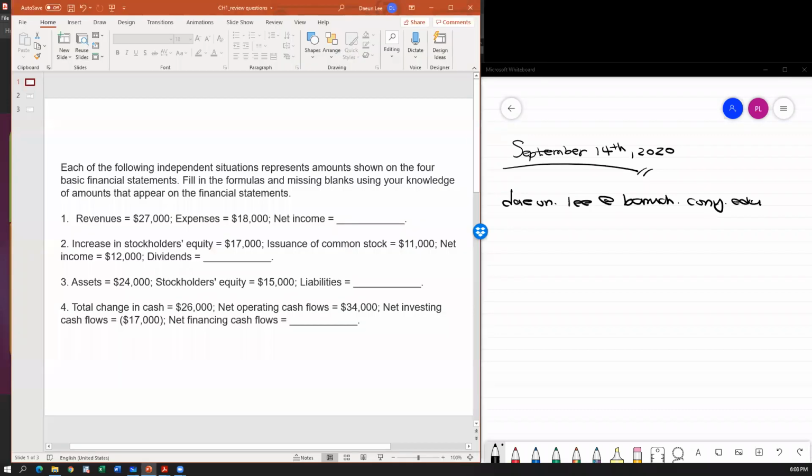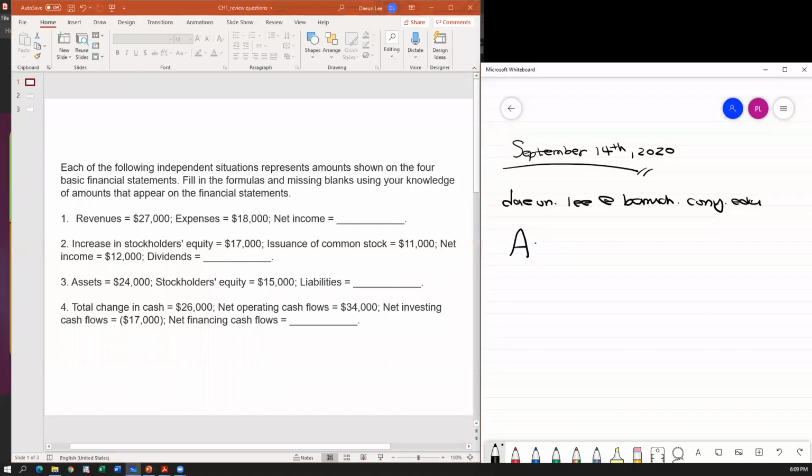So let's review what we discussed last time. We talked about how accounting is very important for third-party outside users, and two of the reasons why we study accounting are to measure business transactions and to communicate those business transactions to the third-party users of the financial statements. One of the biggest lessons from last time is this equation: assets equals liabilities plus shareholders' equity.